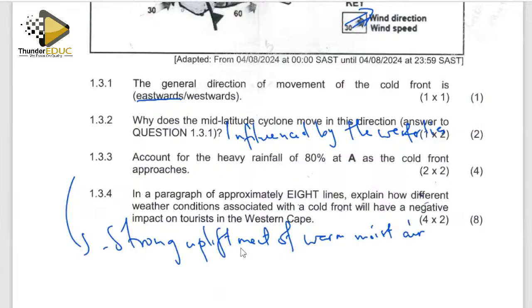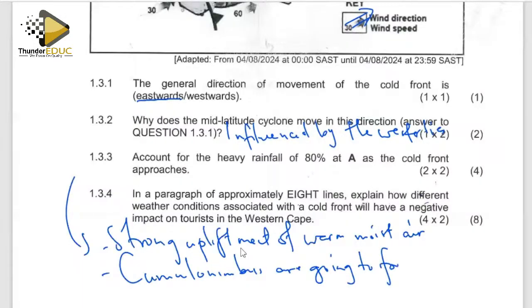And what is going to happen to that moist air? Cumulonimbus clouds are going to form, because of condensation.